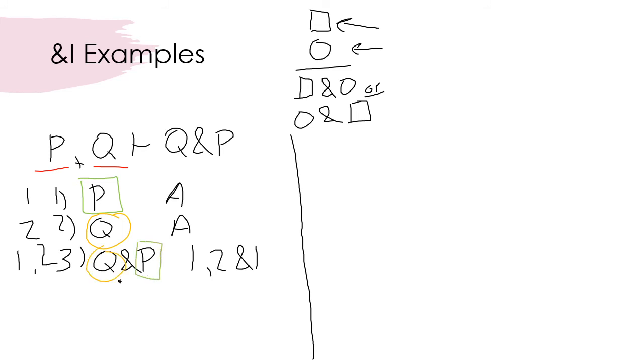So it still abides by our rule up here, which is to say I have a square, I have a circle, and then I'm going to put them both together with an ampersand. It doesn't matter the arrangement that they go in, it just matters that they get put together.